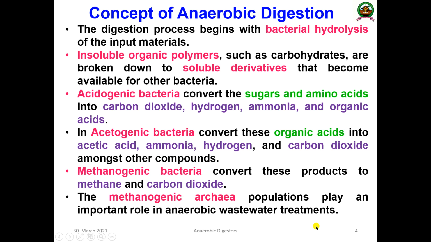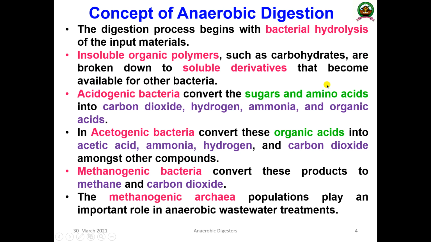Then what are the major concepts of anaerobic digestion? We have already studied it. The digestion process begins with the bacterial hydrolysis of the input material, or substrate, that acts as the feed material.